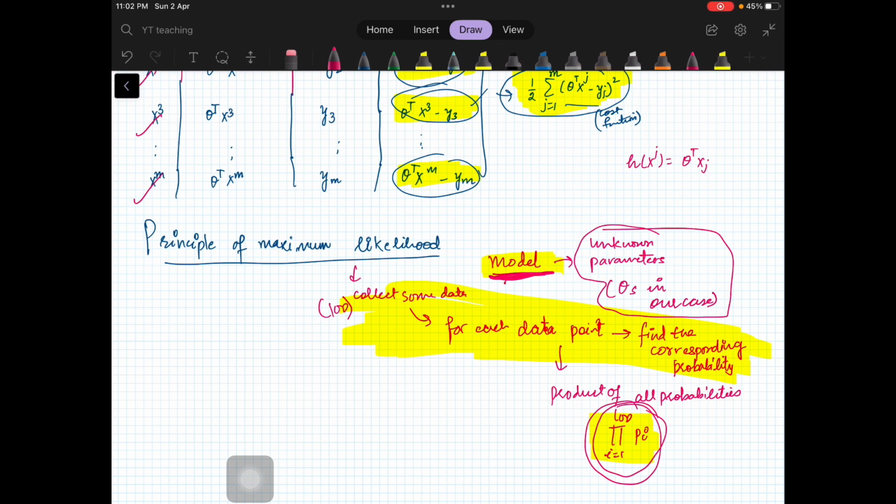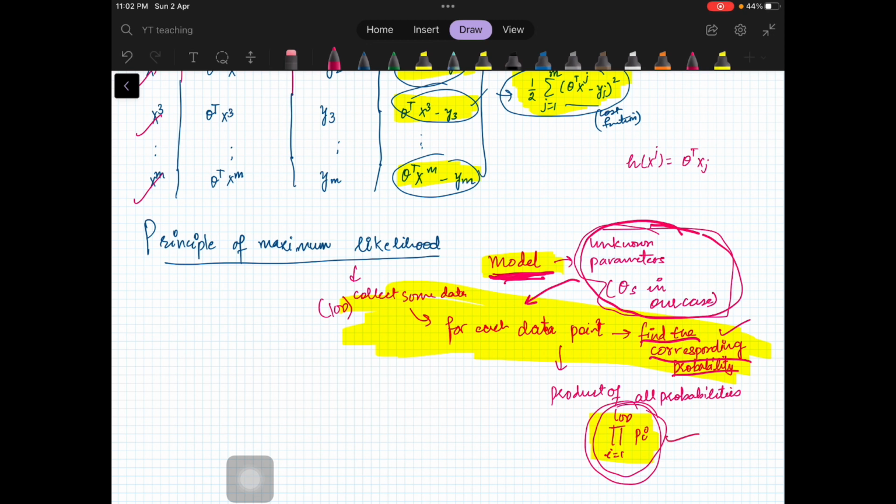Because this is what we have already got from our model. So you had a model, you had some unknown parameters, you don't know the values of the parameters. So what you are doing, you collect some samples. Suppose you collected 100 samples, and for each sample you get, you find the corresponding probability. Now you multiply all those probabilities. These probabilities will be in terms of your thetas, whatever your unknown parameters are, and you make the product of all the probabilities.